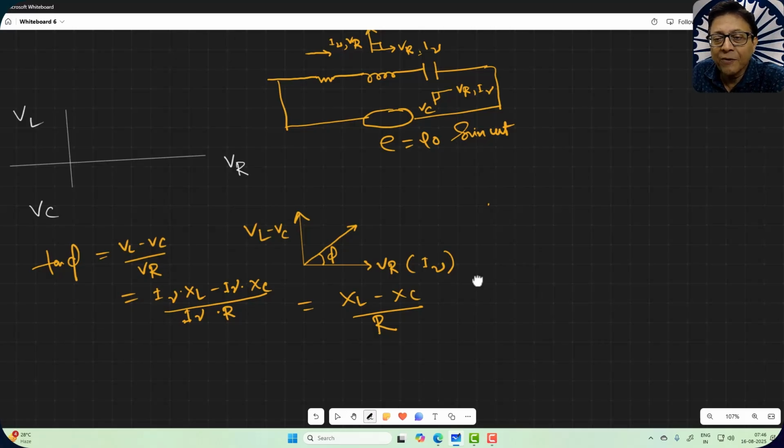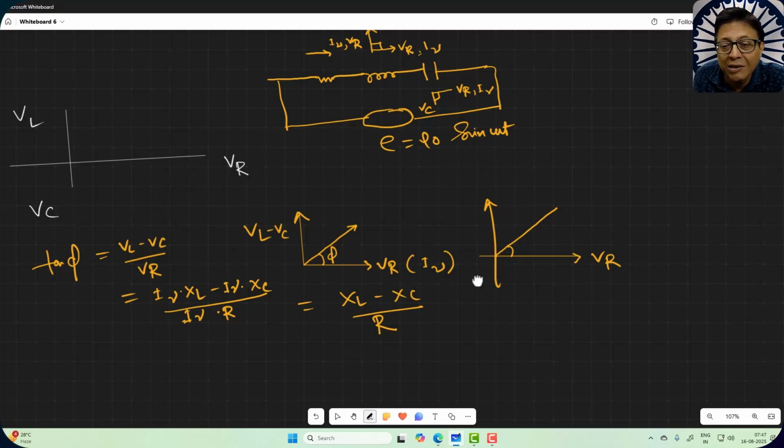And that tan phi is going to be equal to what? What I want to say is that phi is the phase difference between the voltage and the current. Current you are taking along the x-axis.